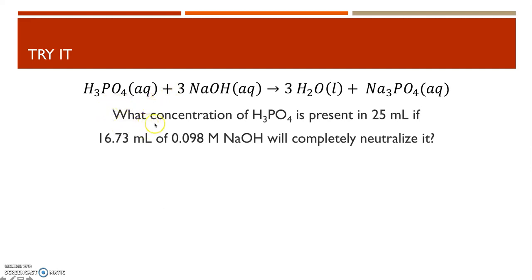Okay, so this problem, again, we are starting with things that we know about sodium hydroxide, and so that's where we're going to start. We're going to go to moles of sodium hydroxide, and then we're going to use the balanced chemical equation to convert from sodium hydroxide into phosphoric acid, and then we're going to use the moles of phosphoric acid and the volume of phosphoric acid to determine the concentration of phosphoric acid.